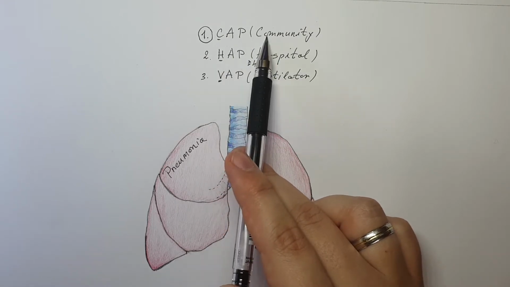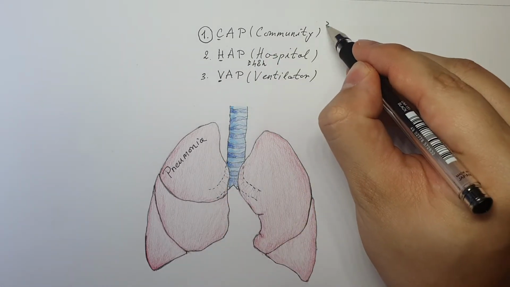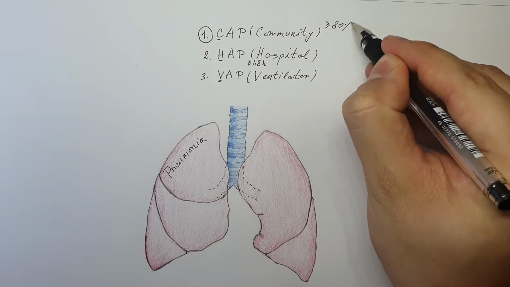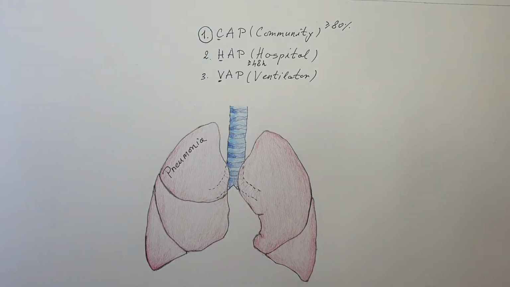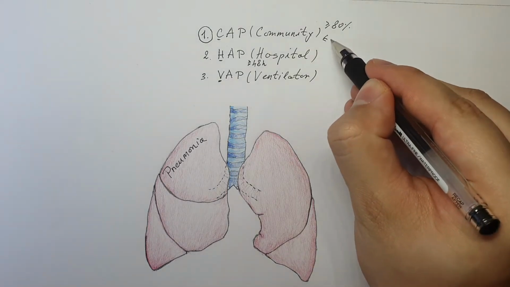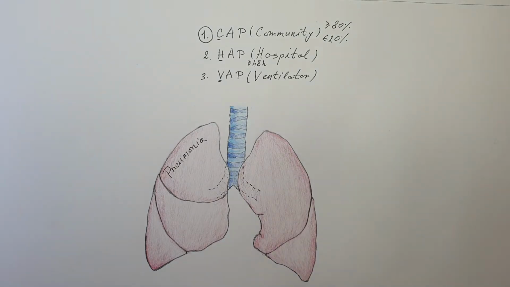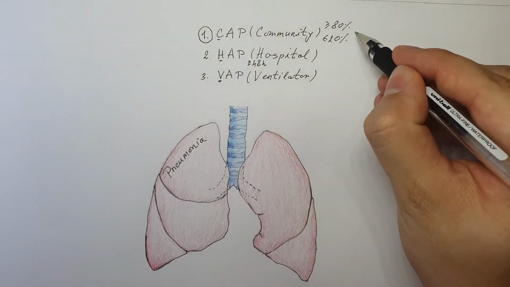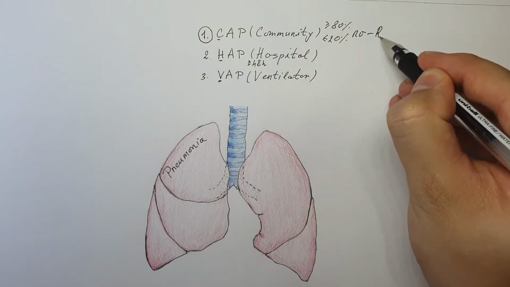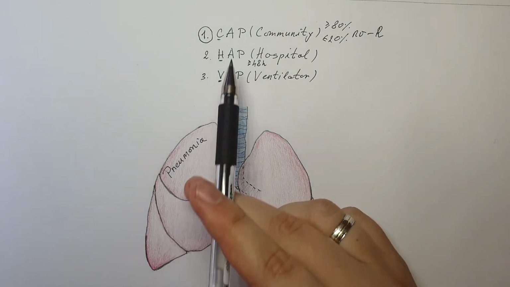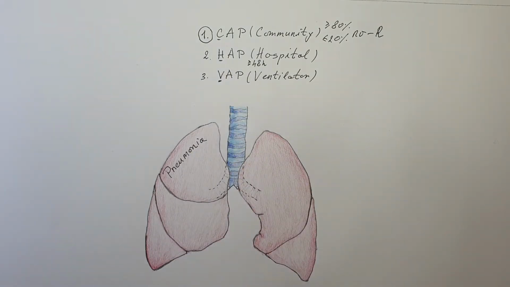And more than 80% of these pneumonias are treated outside of the hospital. Less than 20% need to be put into a hospital and treated in the hospital setting. So pathogens have no significant resistance to antibiotics when it comes to the community-acquired ones.